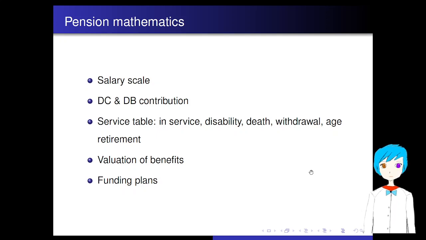Finally, we have the funding plans. It is usually paid by both the employer and the employee. Also, it is composed of a reserve that is stored to pay for the employee's retirement benefit. It is similar to the policy value for the multiple states model chapter.